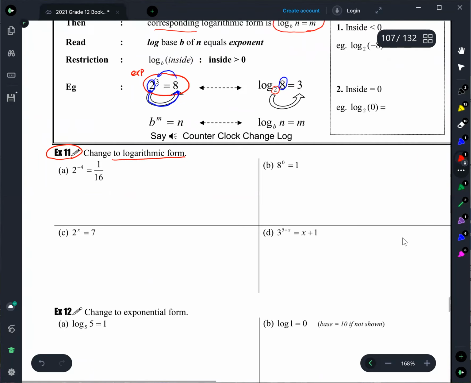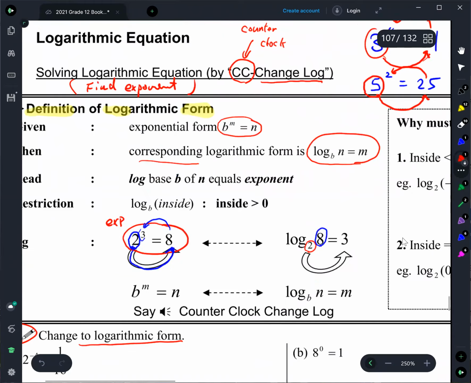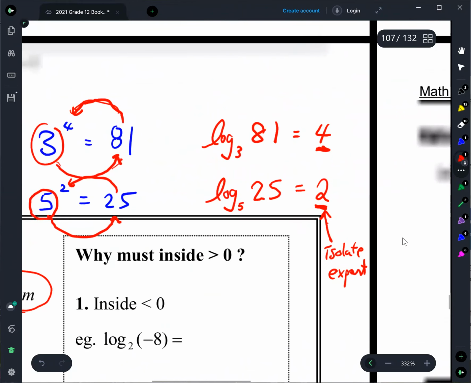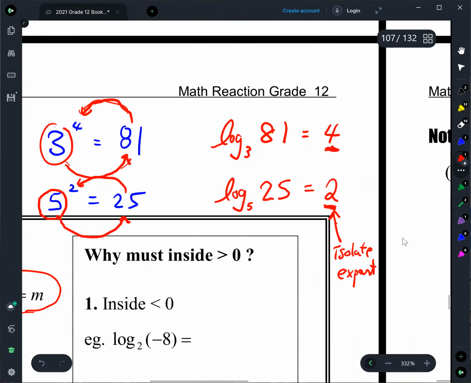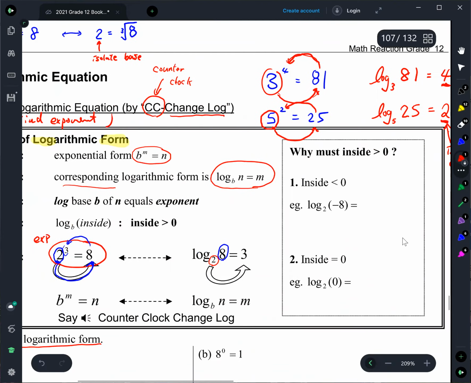You also need to know how to read it. For example, over here, the 2 examples I explained, you will say log base 3 of 81 equals 4. Log base 5 of 25 equals 2.